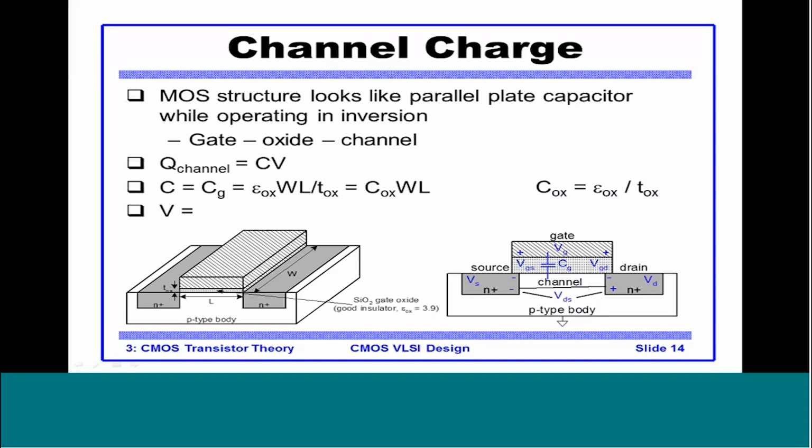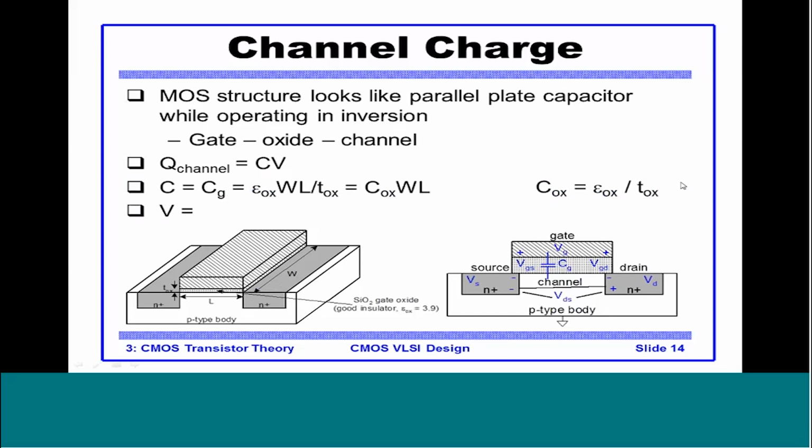Just imagine it being a three-dimensional structure. The area of this rectangle is WL, divided by Tox. So we define one more constant called Cox, which is epsilon ox by Tox.